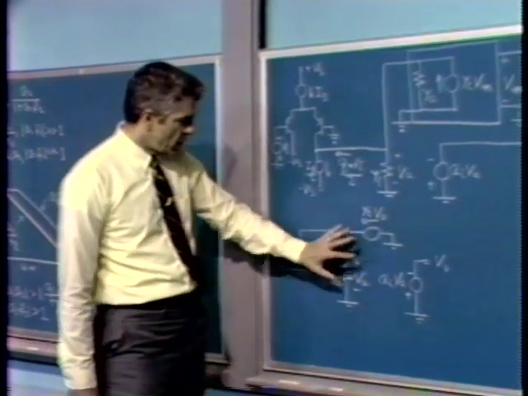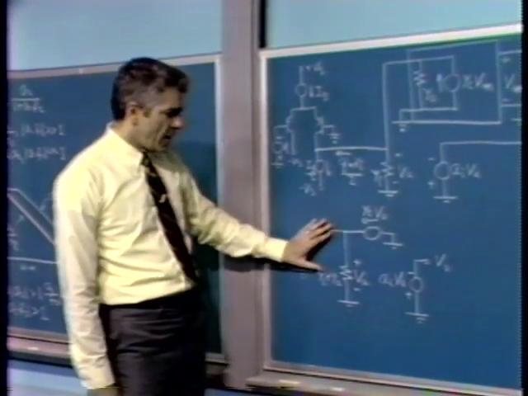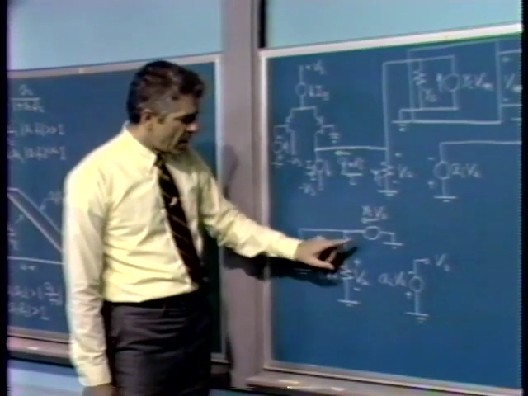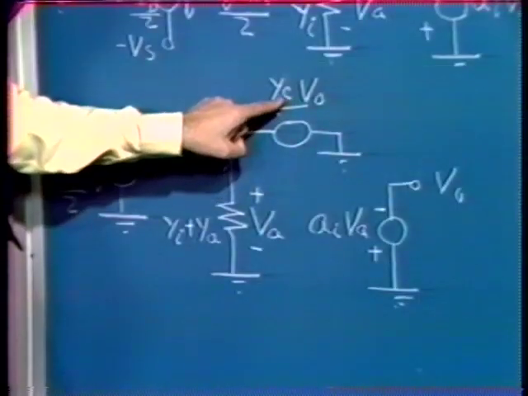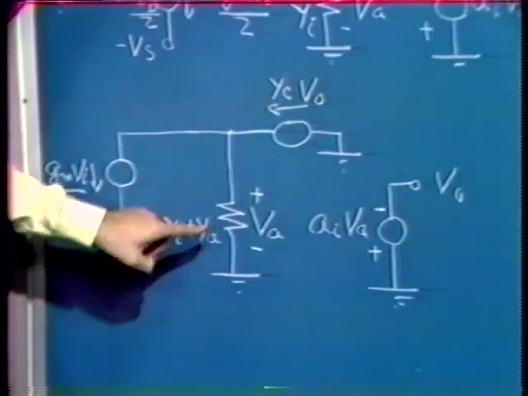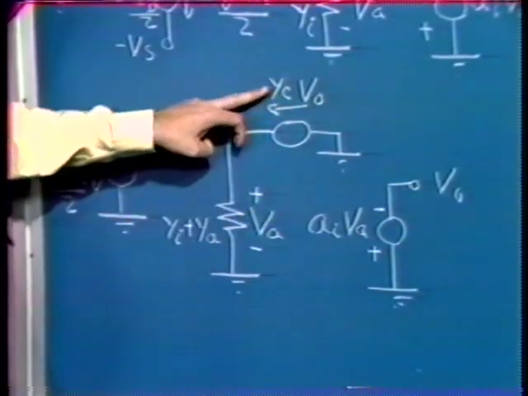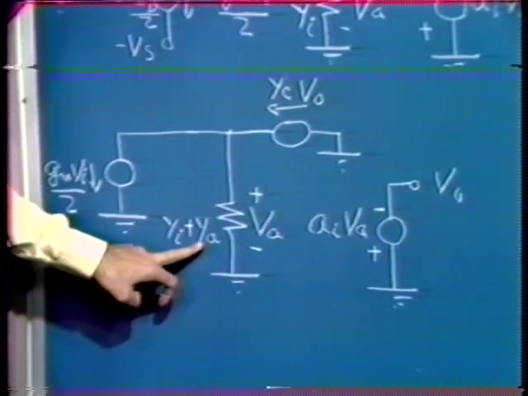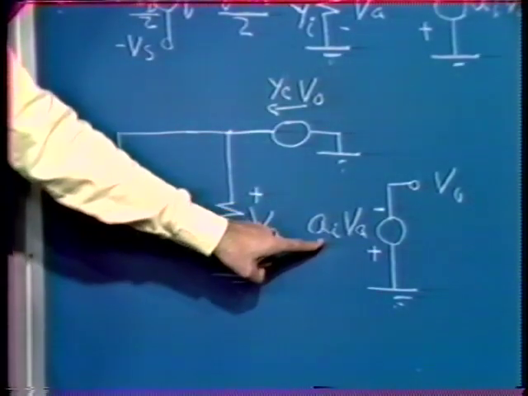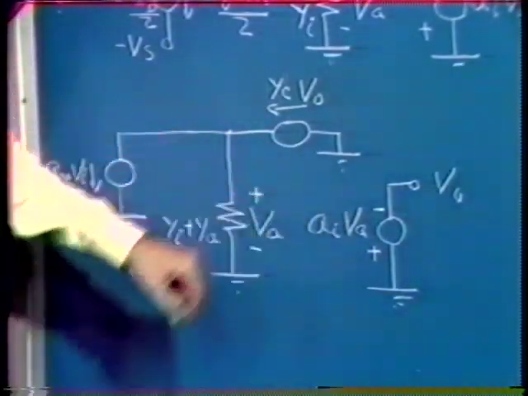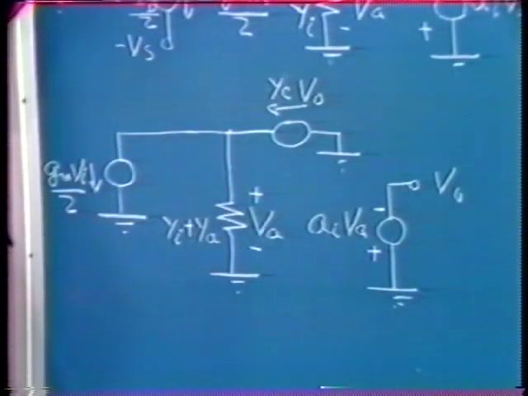Let's consider the minor loop. If we forget about a driving input to the overall system here, around the minor loop we get a product Y sub C divided by this admittance to get us a voltage here, so we get a YC over YI plus YA. We multiply that by A sub I, and if we keep track of things, there's a minus sign associated with that loop transmission.